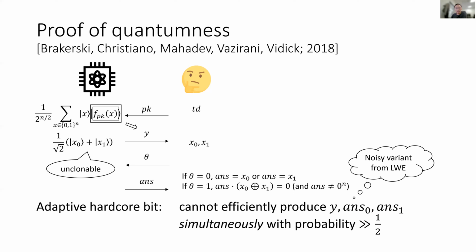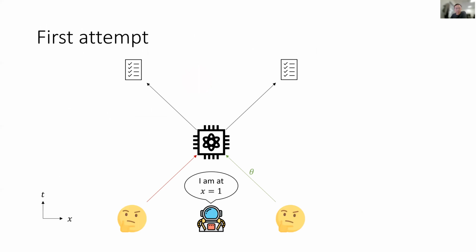So let's try to use this TCF state for classical position verification. The first attempt here is that we're going to take the BB84 based quantum position verification protocol, and instead of sending a BB84 state over here, I'm just going to sample a TCF public key and send this public key to the quantum prover.